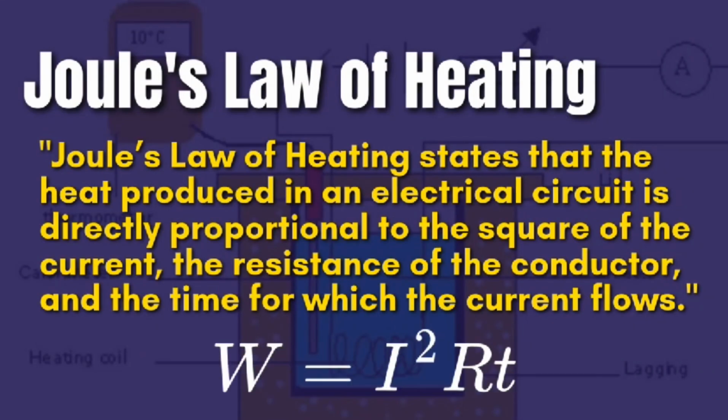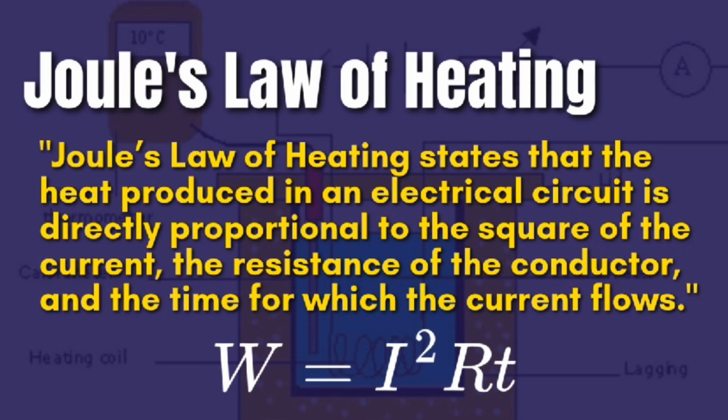Now, what is Joule's law of heating? Joule's law of heating states that the heat produced in an electrical circuit is directly proportional to the square of the current, the resistance of the conductor, and the time for which the current flows.